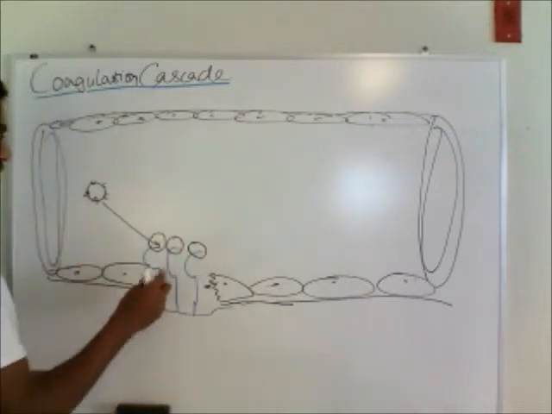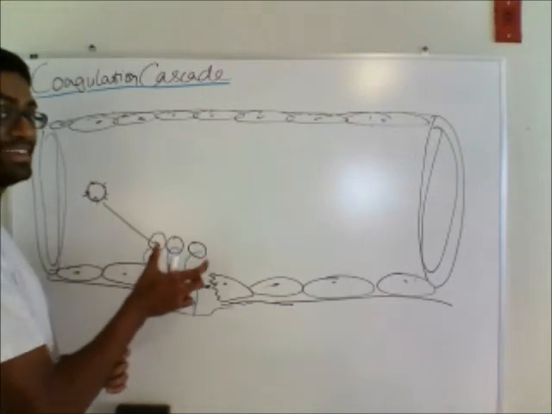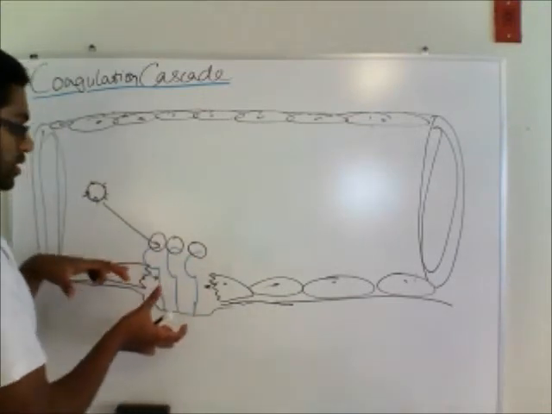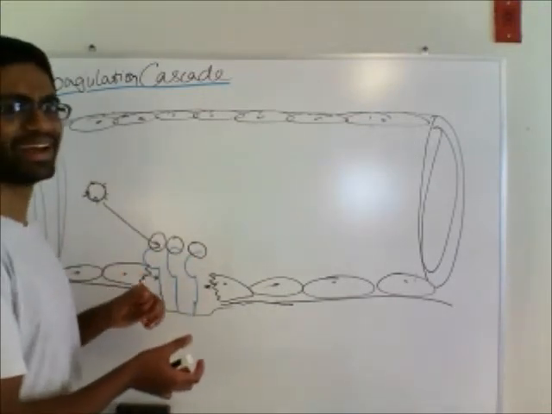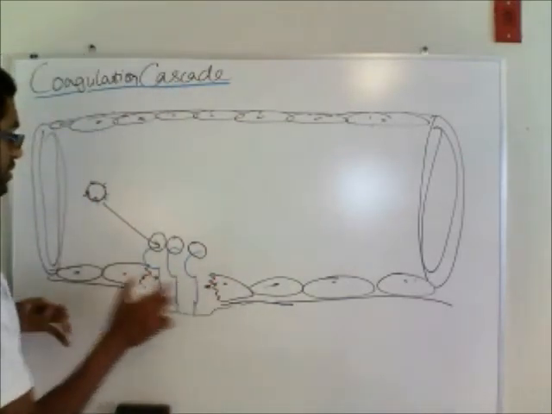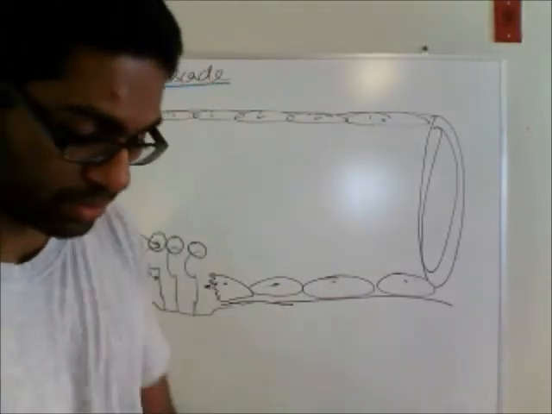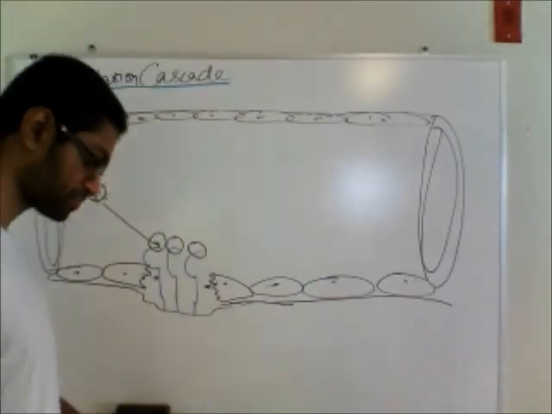That's the initial formation of the platelets. This is called platelet adhesion. Platelets adhere, they stick to this damaged area, and you have the initial formation of platelets.